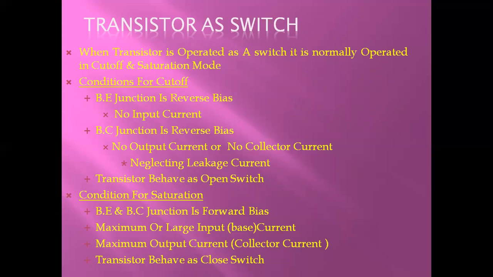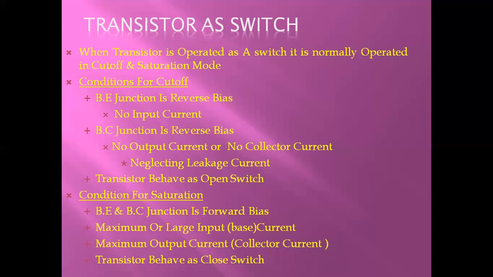In the case of cutoff mode, the base emitter junction is reverse biased and there will not be any input current, and the base collector junction is also reverse biased, because in the cutoff region there are two reverse biased conditions. So hence no output current, no collector current.